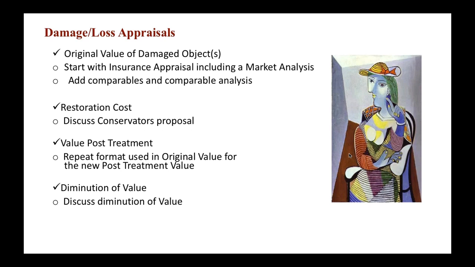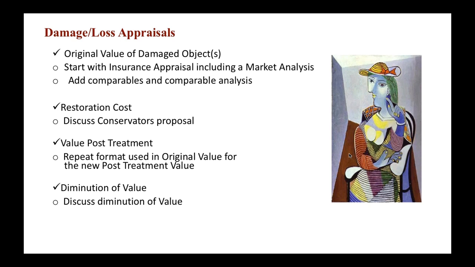Okay, so for the damage and loss, how I adapt for this: you're going to start off with the value of the item before it was damaged. Of course, sometimes an insurance company comes to you and there's an agreed upon value and they don't really care what you think the value is.